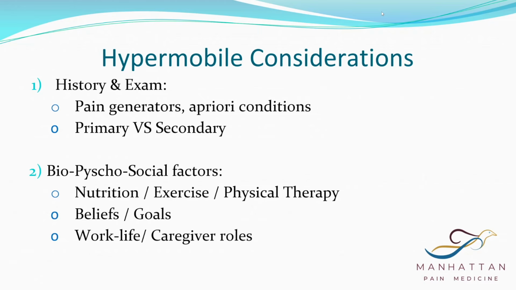And then there's caregiver roles that I like to talk about a lot, and that can mean for a child, for pets, which both involve a lot of bending and picking up things, which for patients with hypermobility, can strain a lot of joints in the back, the hips, the knees, neck, and shoulders.